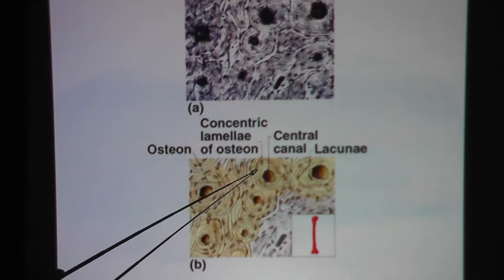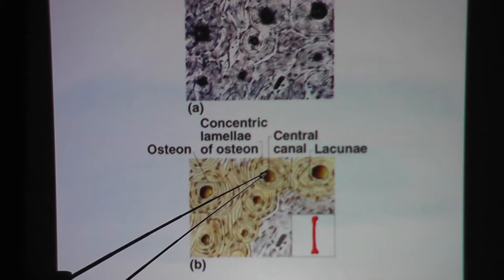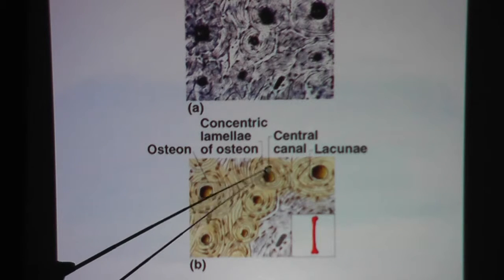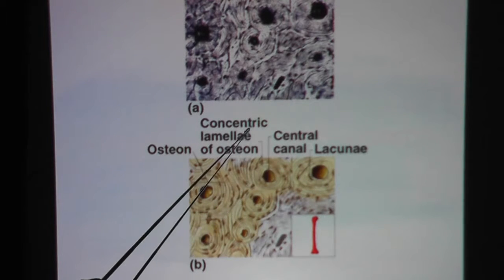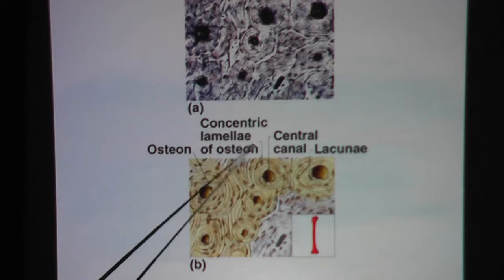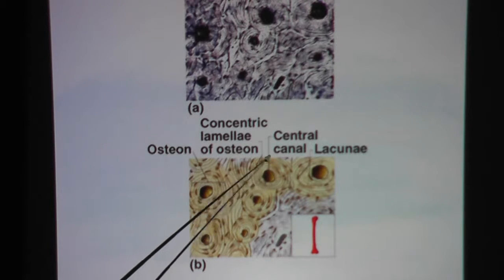You know how you can tell a tree's age by its rings. Well, instead of rings, we call them lamella. Concentric lamella would be all the rings inside each other, oriented around the central canal. Those are the concentric lamella of the osteon.